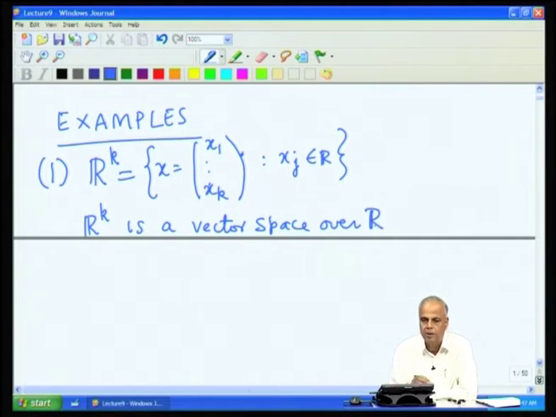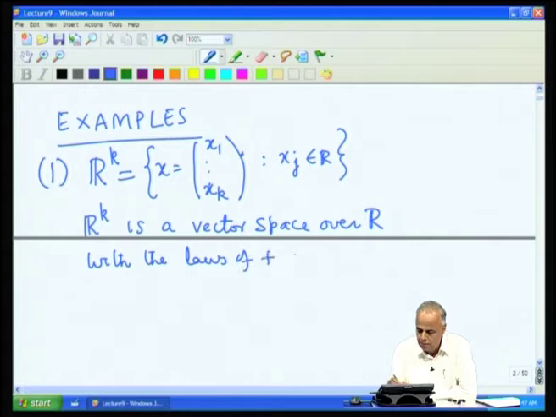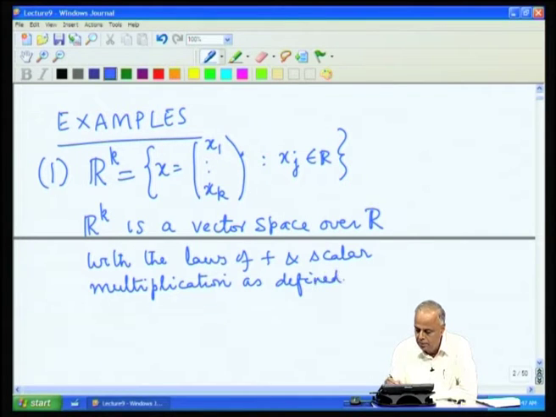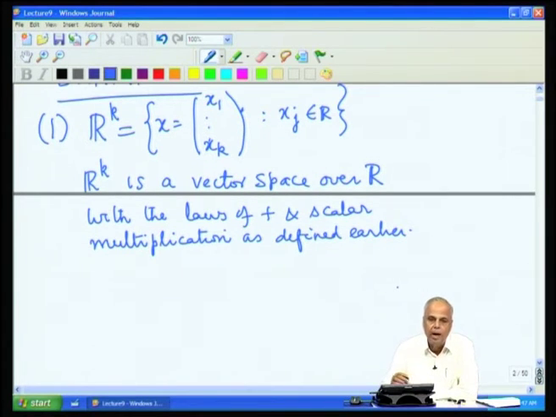The scalars we consider are R with the laws of plus and scalar multiplication as defined earlier. How did we define this? When we said add, we simply added the corresponding entries. When we said multiply by a scalar, we meant multiply every entry by the scalar. Now, what was the 0 element of this vector space?